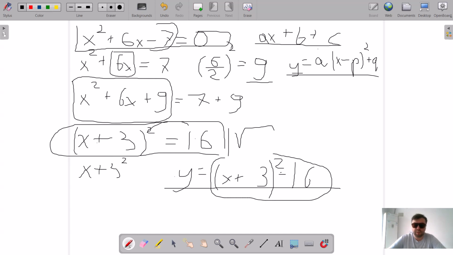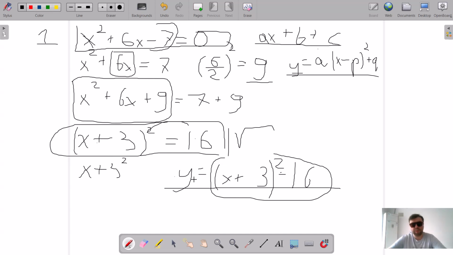But this is simpler because it's for leading coefficient equals 1. You see there is x squared first, so a equals 1. So if the leading coefficient equals 1, that's how we proceed. It's very easy. It will be a little bit more complex for cases when the leading coefficient is more than that, but it is also workable.